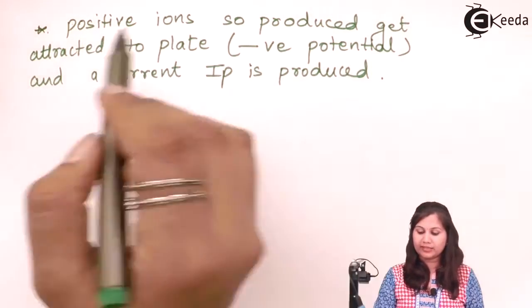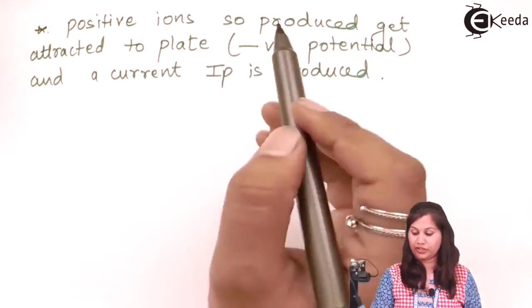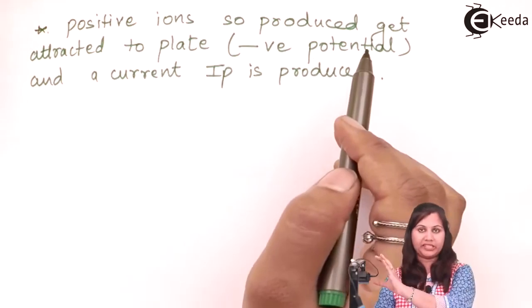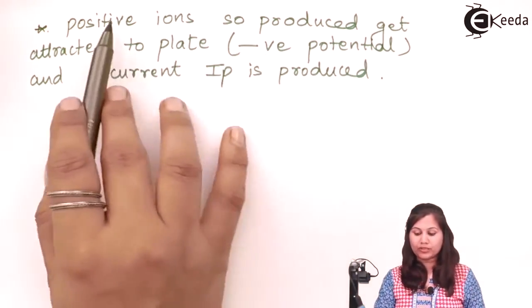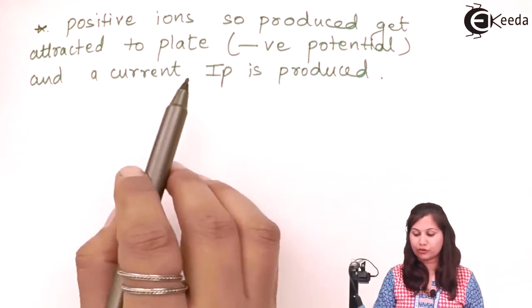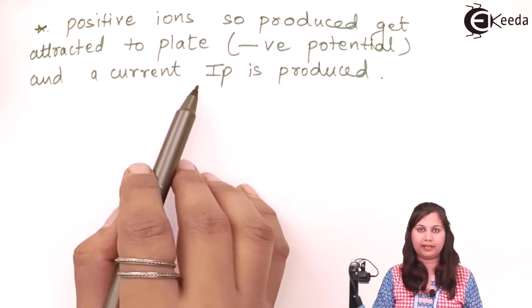Those positive ions get attracted towards the plate, which is kept at a negative potential. So positive ions are attracted towards the negative plate, and due to those positive ions, current will start flowing, and that current is called the IP current or the plate current.